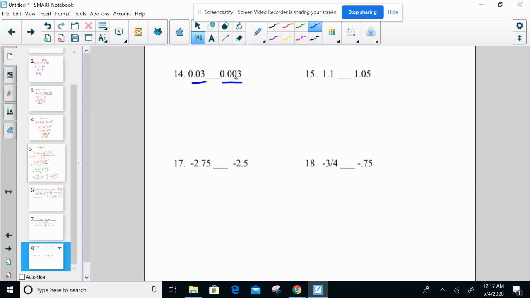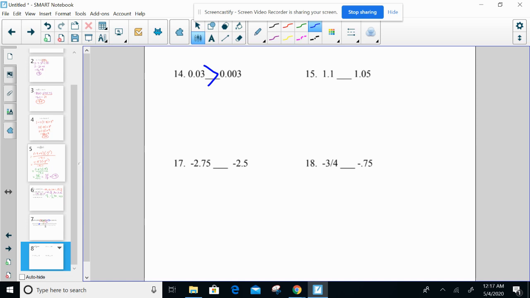So it's saying 3 out of 1,000. And this is saying 3 out of 100. Which one is a smaller amount? 3 out of 100 is a bigger amount. So you just want to have a sign saying this one's bigger.